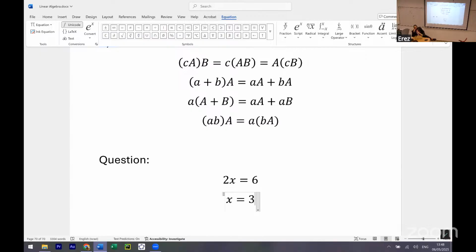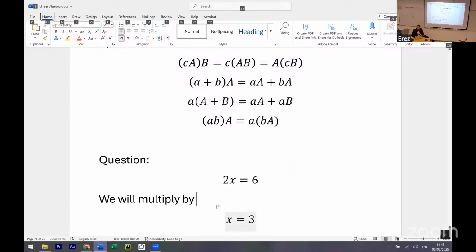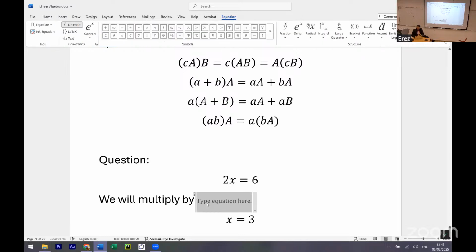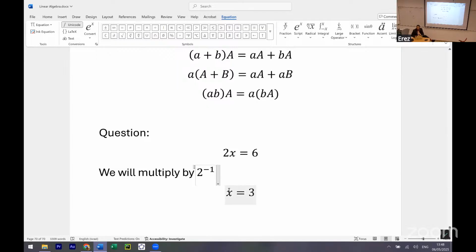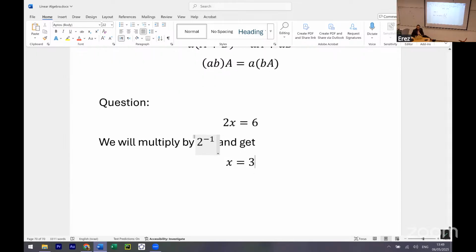But how did you know? Because I made the inverse operation of multiplying x by 2. We will multiply by the inverse of 2, right? And we will get x equals 3.